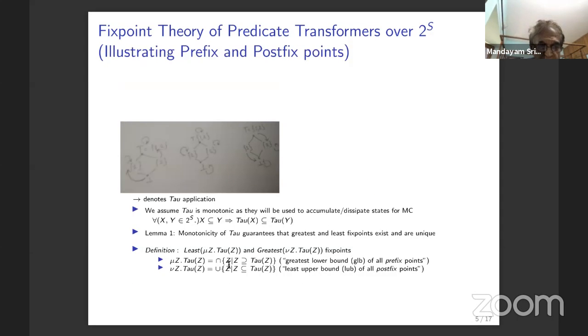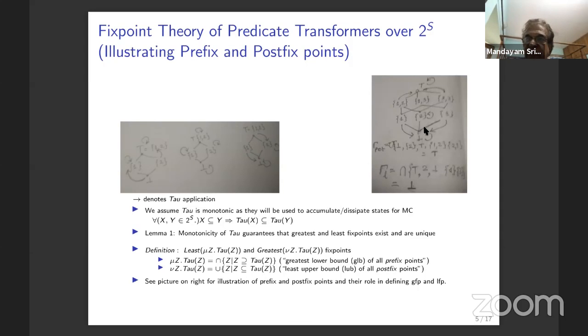So the set of all z such that z is greater than or equal to tau z, they are called prefix points. In this picture, all the post-fixed points are the ones where z is greater than or equal to tau of z.